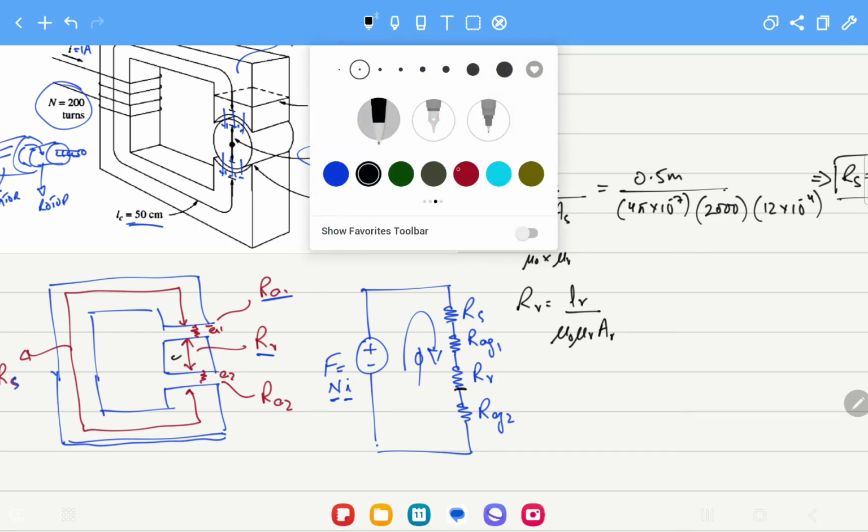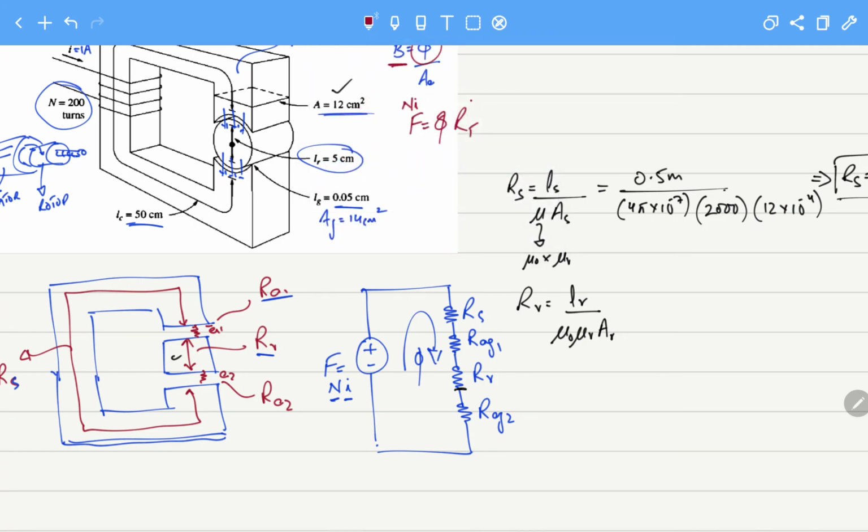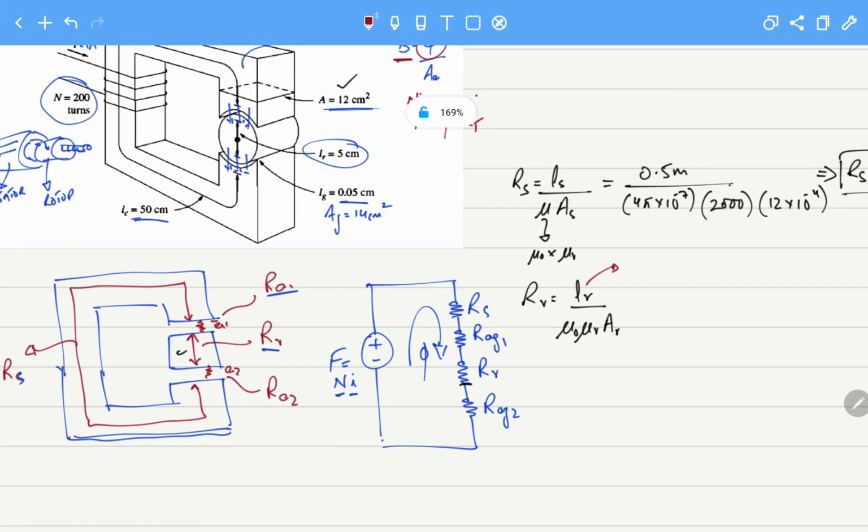And here, students, in reality you have to perform all the calculations, but to keep the duration of the video short, the length of the rotor is given as 5 centimeter, that is 0.05 meter. Mu naught and mu r you know.